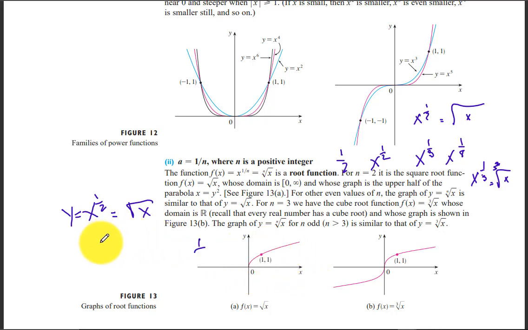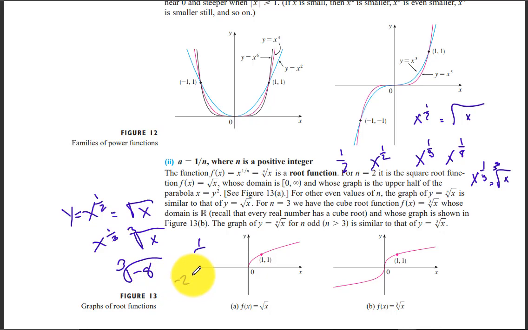However, if we have x to the 1/3, then that means the 3rd root of x. Then we can put in negative numbers, because if we ask what's the 3rd root of -8, what is that? It's -2. So we can put in -8, and we don't get a problem. -2 times -2 times -2 is -8.